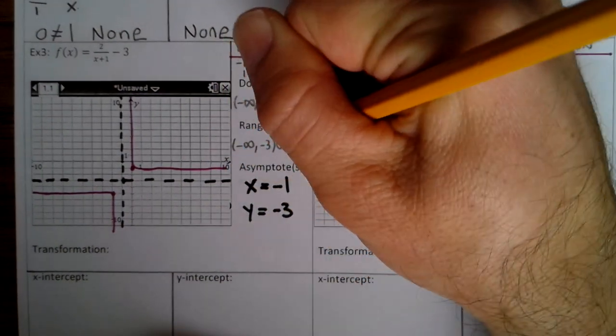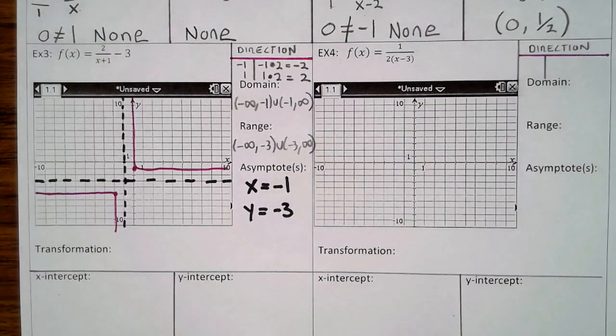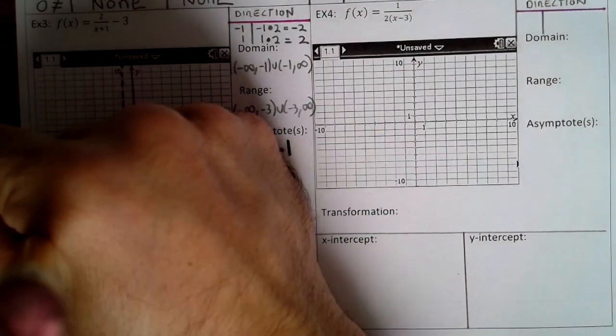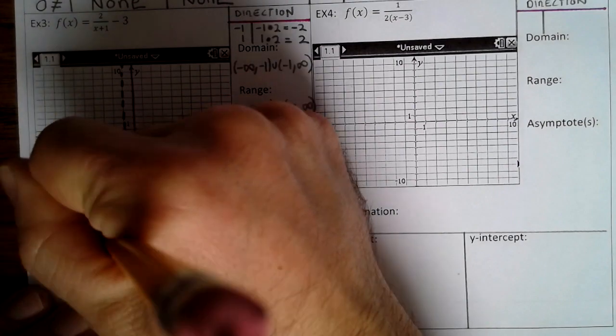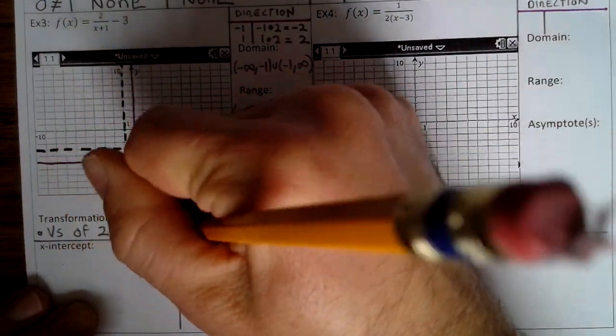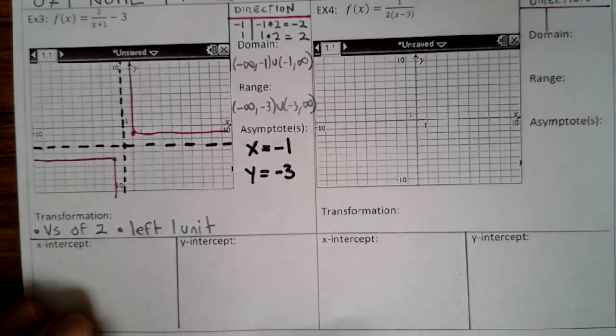All right, transformations. Looks like we have a vertical stretch of 2, left 1 unit, and down 3 units.